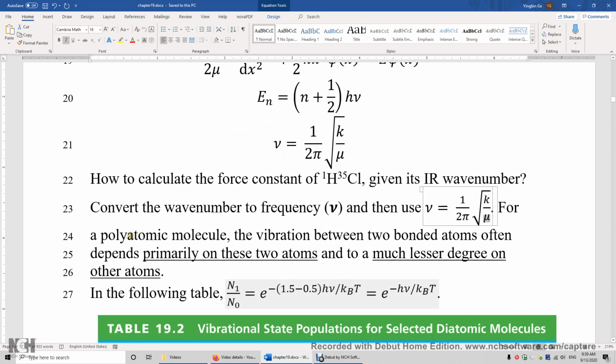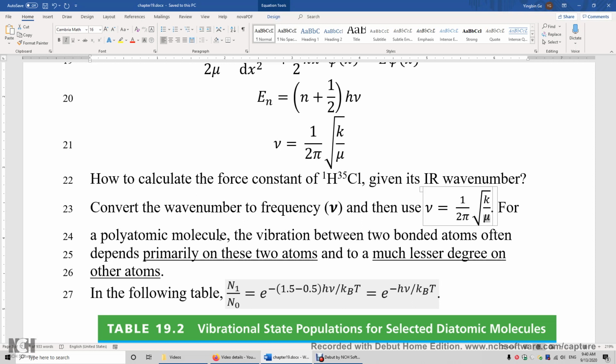If you have a polyatomic molecule, with 3 atoms, 4 atoms, 5 atoms, for example, if you are looking at the carbon-carbon double bond in the ethylene molecule, then the vibration between the 2 carbon atoms often depends primarily on these 2 carbon atoms, right? And then to a much lesser degree on the other atoms, in this case the hydrogen atoms.